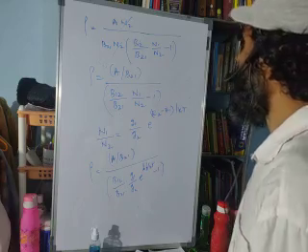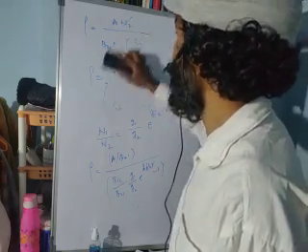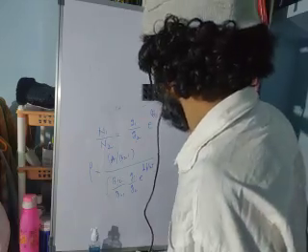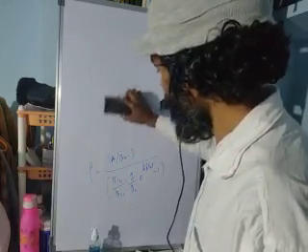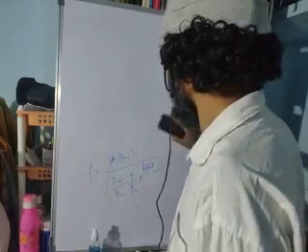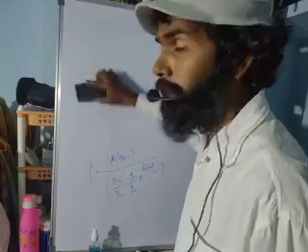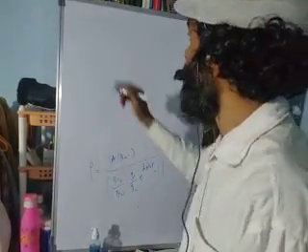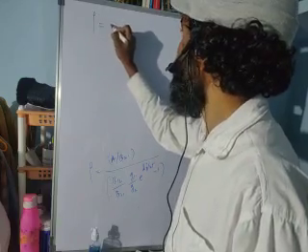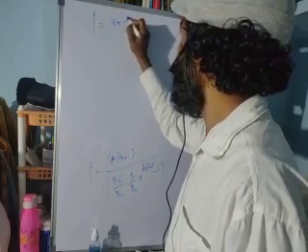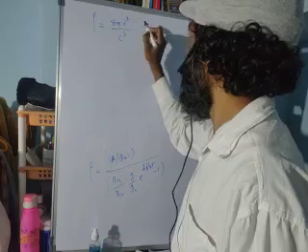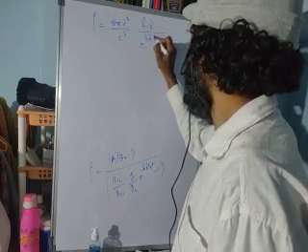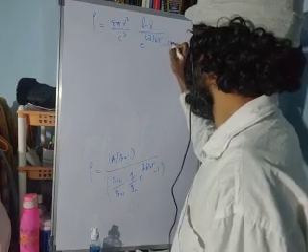Okay, so I'm going to erase this part here because I need space for writing. But from the black body radiation topic, rho should be equal to 8 pi nu square by c cube into h nu divided by exponential h nu by kT minus 1.